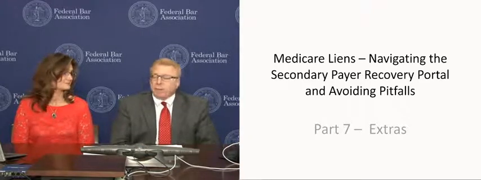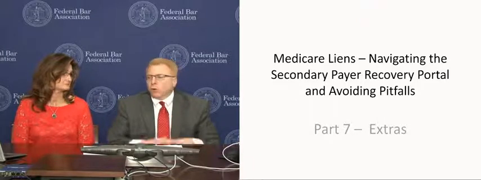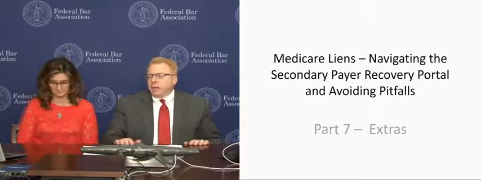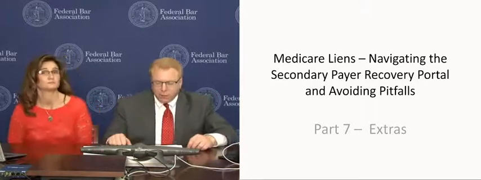And by on the hook, I mean Medicare can pick and choose whomever they want to go after to get their money back. And that's why everybody is ultra careful about what's going to happen to the money that needs to be repaid to Medicare.